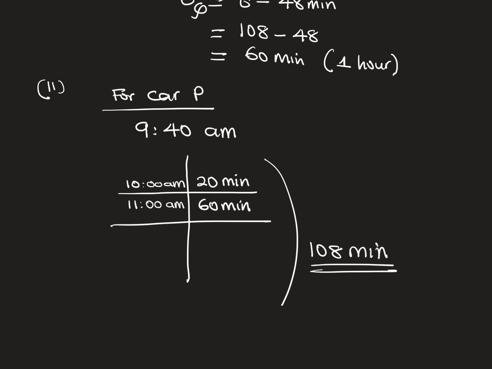From 108. You'll be left with 28 minutes. So which means time here has not come to 12 o'clock. So what would be the time? 11:28. So the time will be 11:28 a.m. Okay?